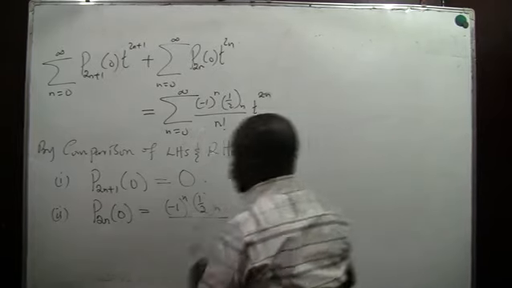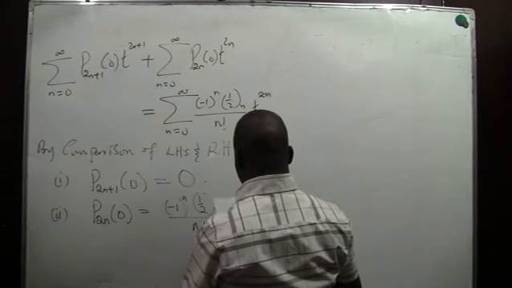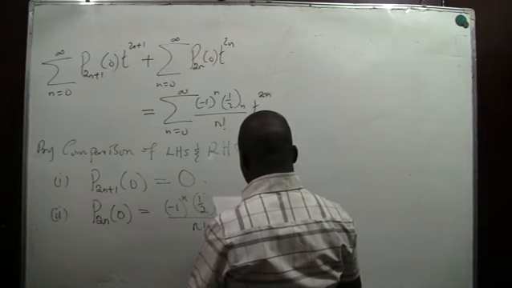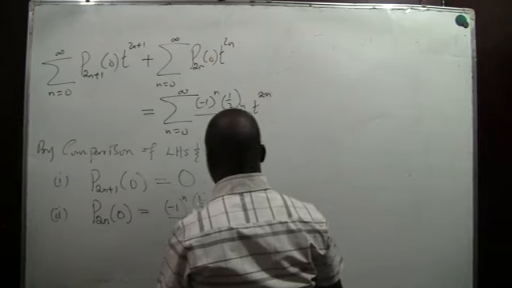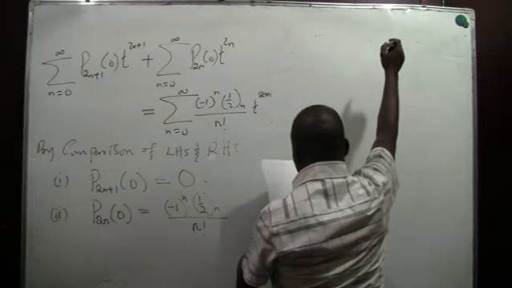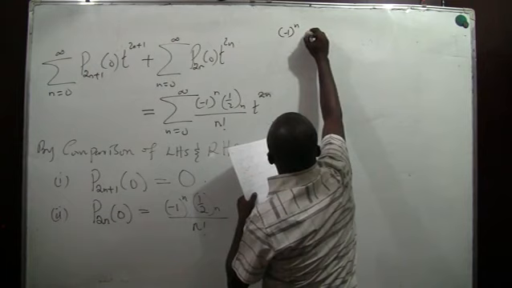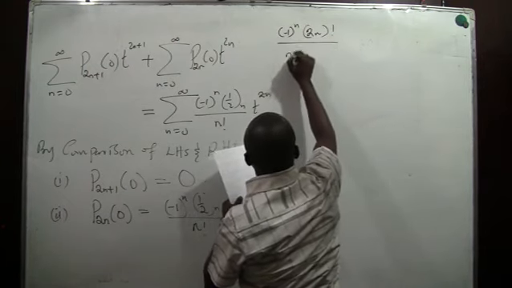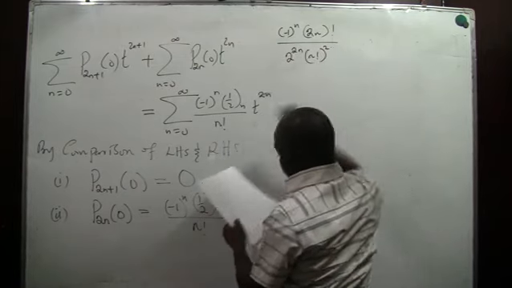Let me go back to the question. Where are we going to? The question, we are going to (-1)^n (2n)! divided by 2^{2n} (n!)^2.